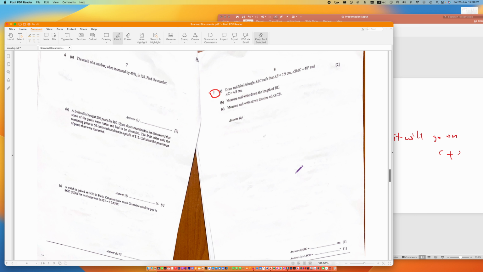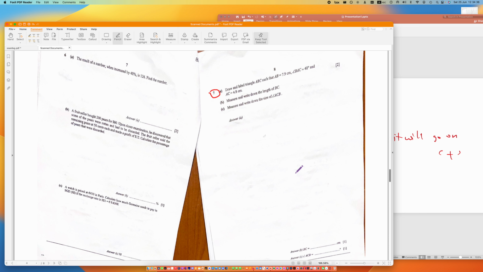This is a very good tool. Is this 4.8 already or 4.6? 4.8. Okay, good.